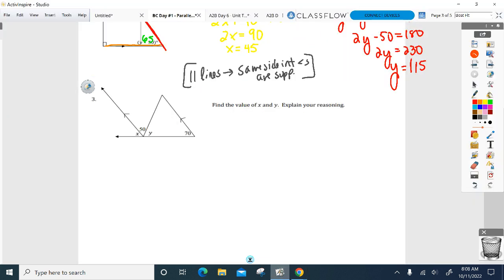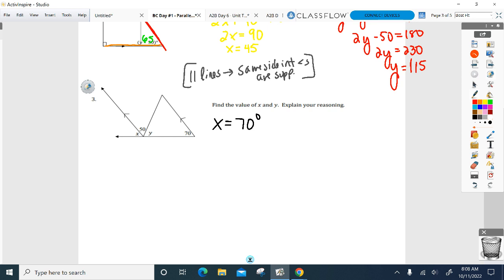Go ahead, you can start, x or y. I said that x was 70 because x and angle 70 are corresponding. Great, that's a tough one to see. Watch me do some magic here.